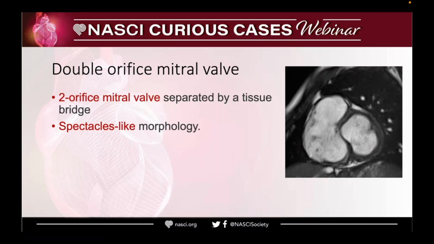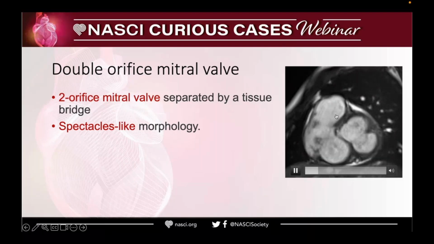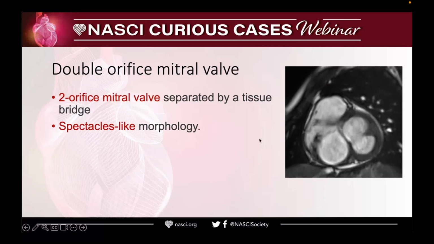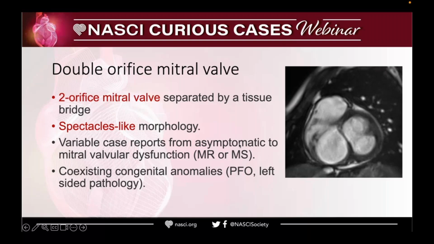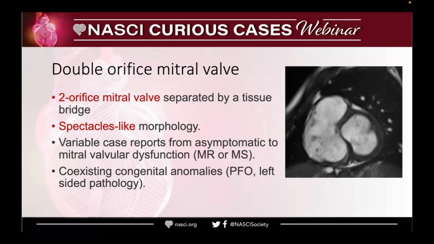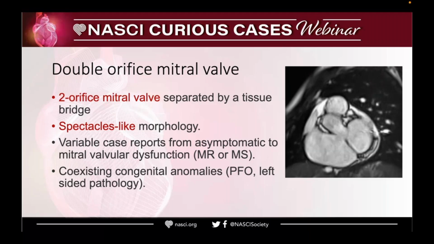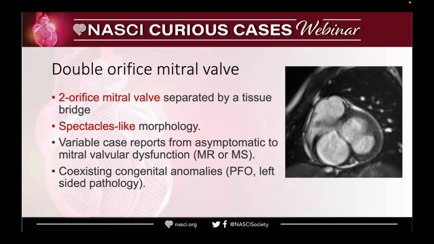It's characterized by two orifices of the mitral valve separated by a tissue ridge with a spectacles-like morphology. There are variable reports: most cases can be asymptomatic, but it can also be associated with mitral valve dysfunction, either mitral regurgitation or mitral stenosis.